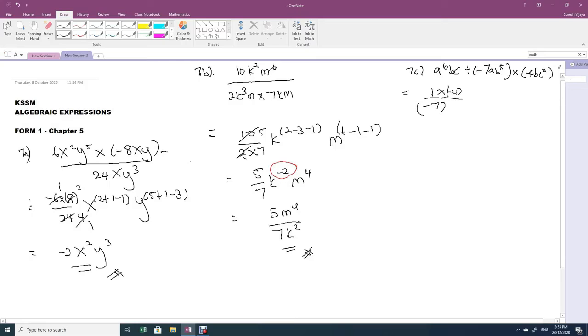Then for the variable a, since it's divide, it will be 6 minus 1, and there's no more a. Then we have b to the power of 1 minus 5 plus 1, because it's multiplied, and we have c to the power of 1 plus 2.